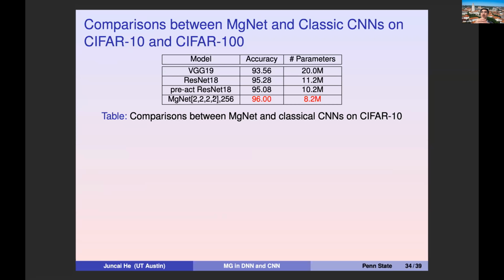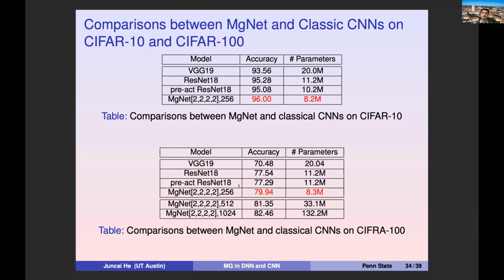Basically, this 2 in multigrid is that on each level you will do the smoother twice. Okay, so that's 2. But for ResNet-18, 2 means that on each level you will have 2 basic blocks. So they are extremely the same thing. Okay, this number is like the channel.